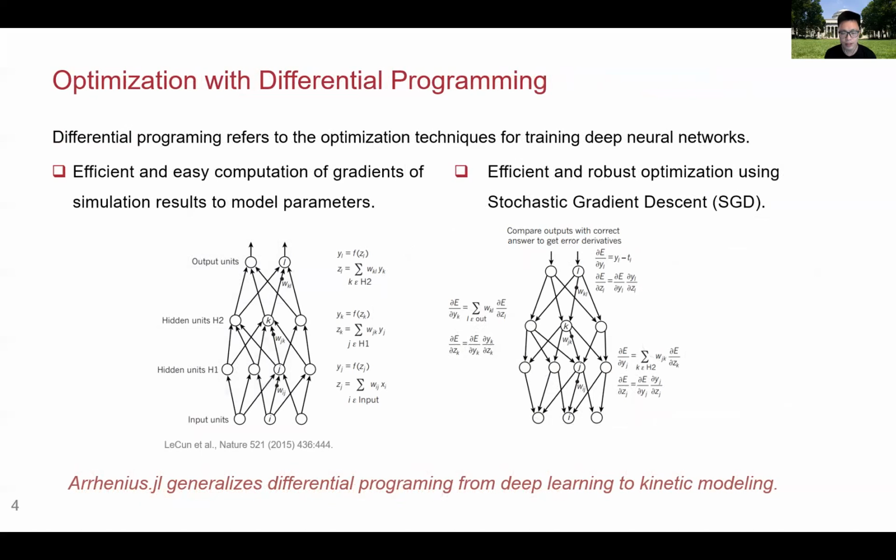The way we do it is to generalize the techniques used for training deep neural networks to combustion models, which is called differentiable programming. It's not a specific technique, but instead a class of optimization techniques used for training deep neural networks.